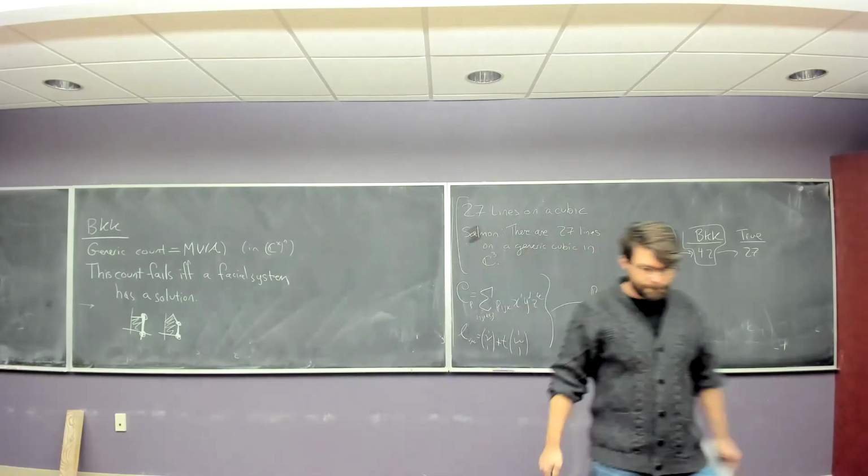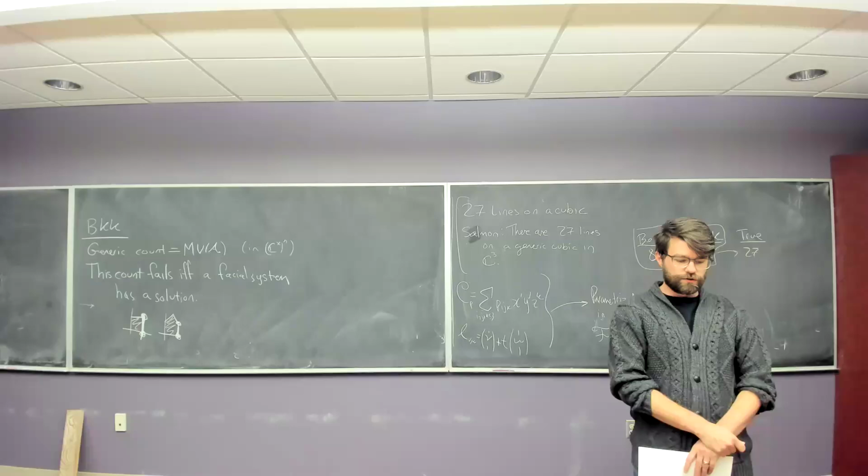When you say a facial system, does that mean a pair of faces, where each could be any face, or does it have to be of a particular dimension, like codimension 1? Facial systems are parameterized by directions in the space.